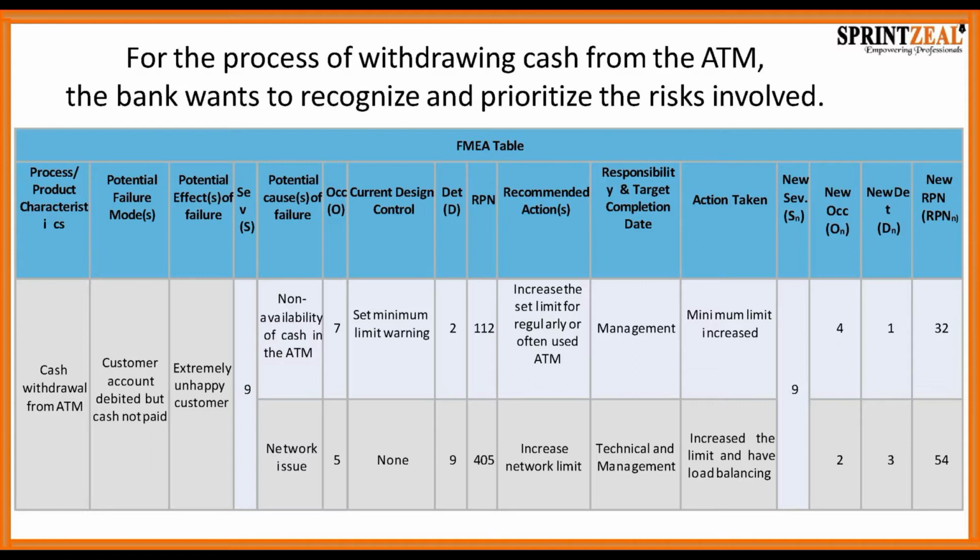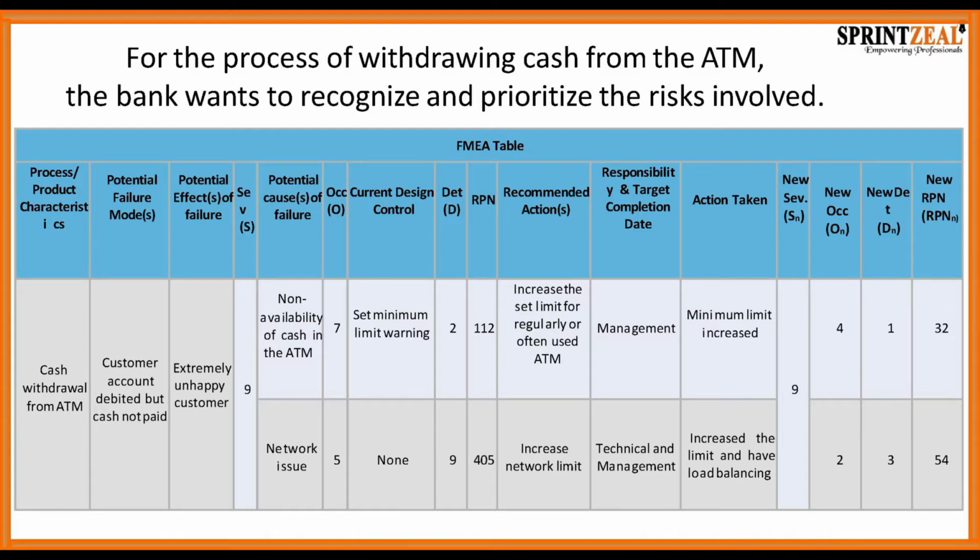So what are our recommended action steps? Well, with the cash, we're going to increase the set limit so that we'll be able to get those alerts sooner. Instead of, let's say, there being $1,000 left in the ATM, now we're going to say when there's $10,000 left in the ATM, it's going to let us know.